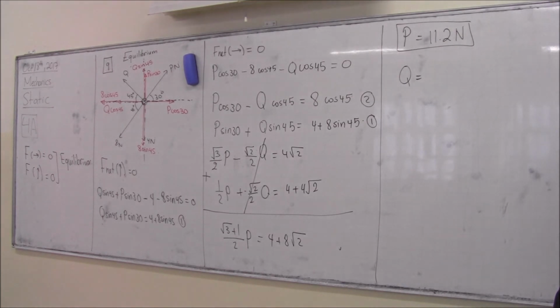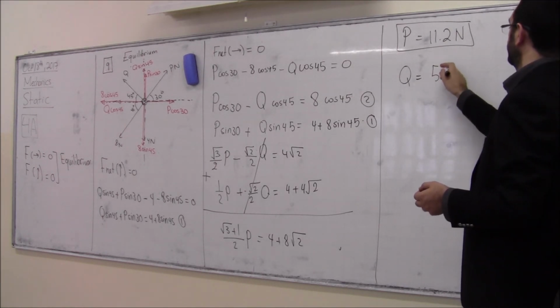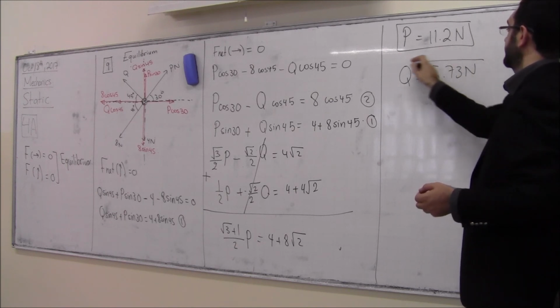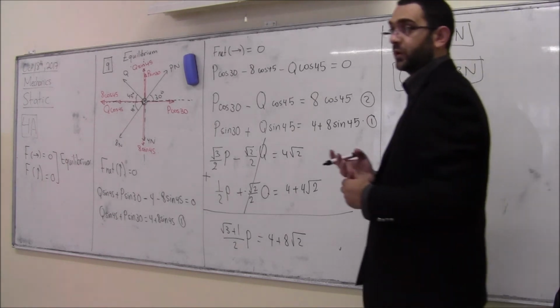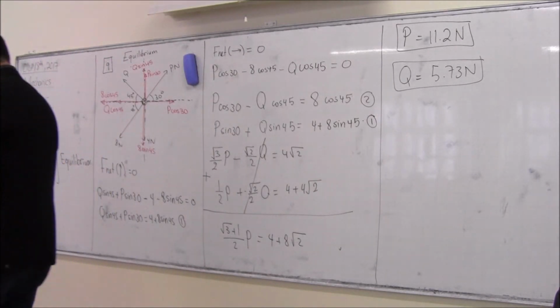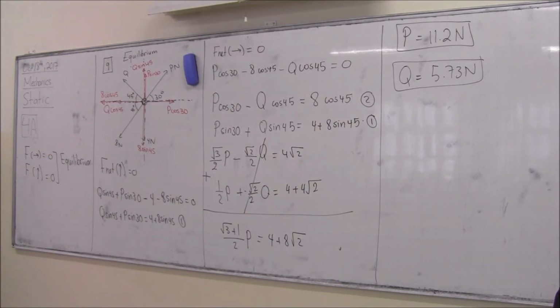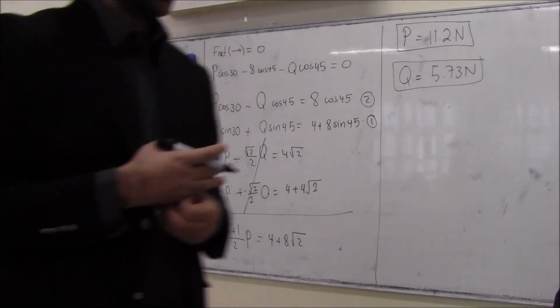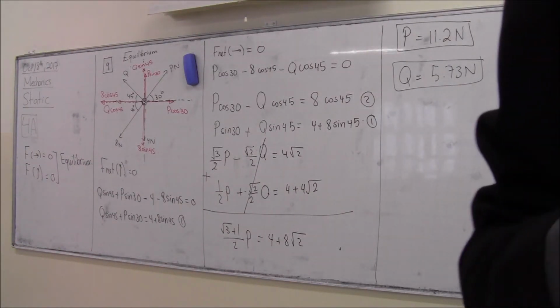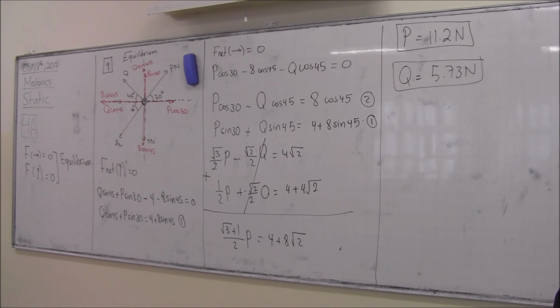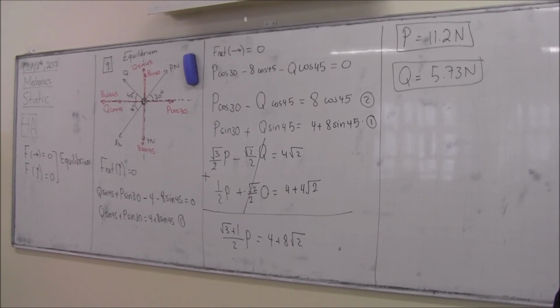Q will be 5.73 newtons. By the way, the rest of the questions will be the same. We have to use equilibrium.